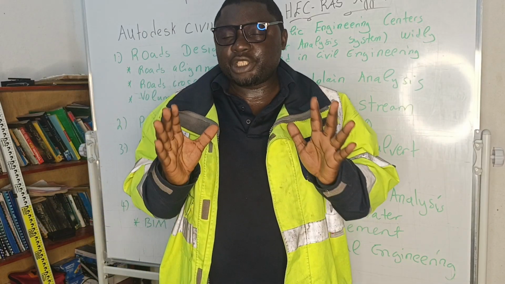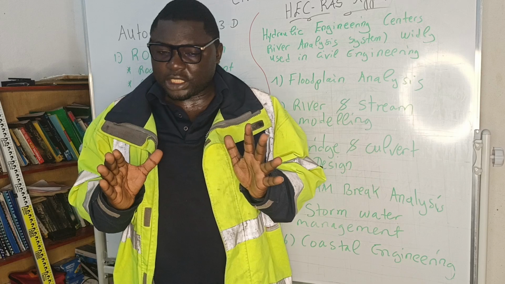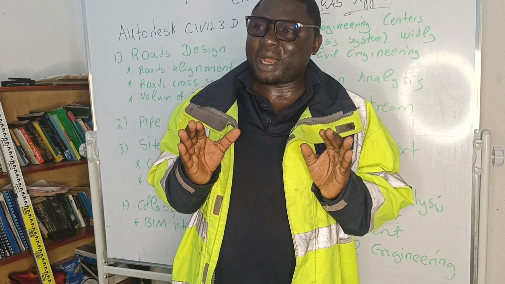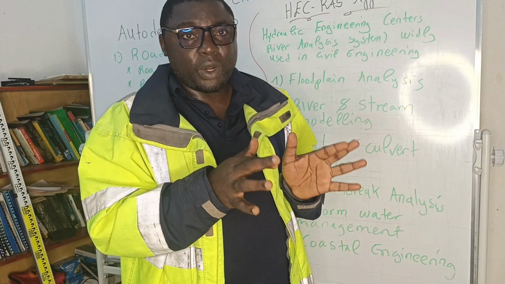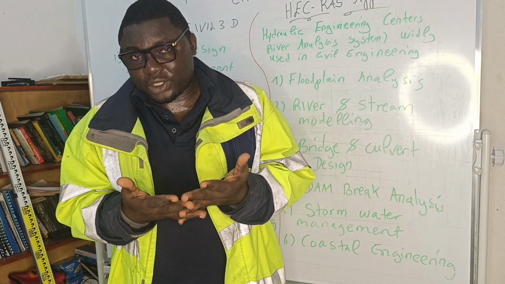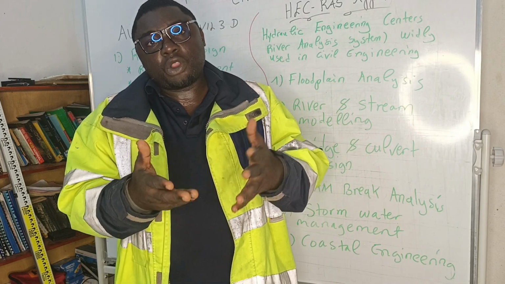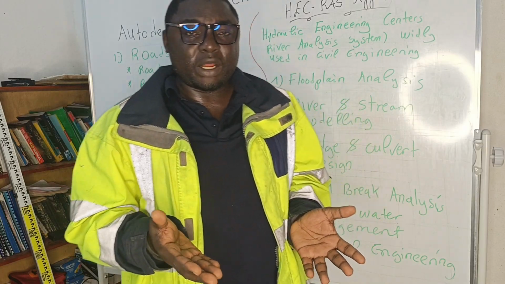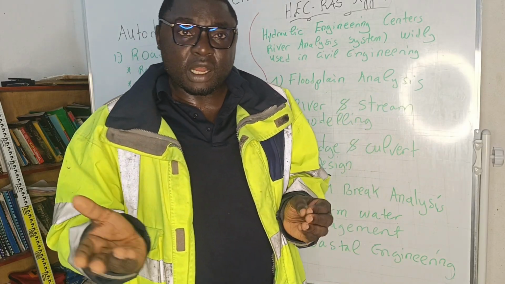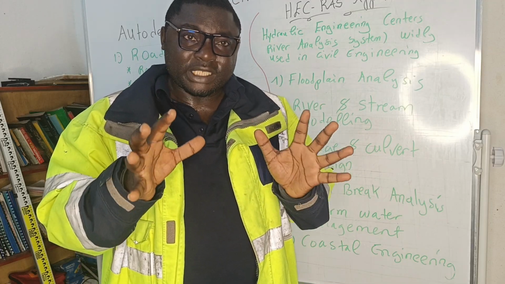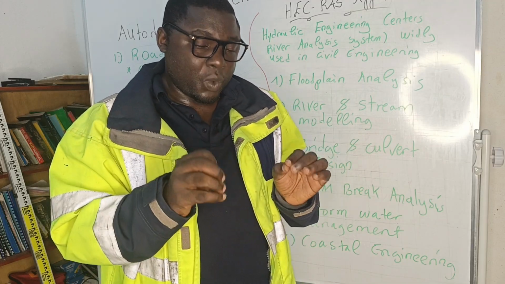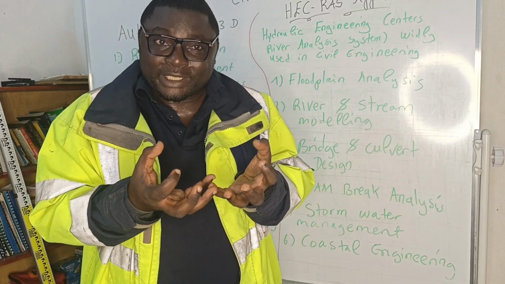So in engineering, as a civil engineer, as an urbanist, as a surveyor, you must master the notion of altimetry, and you must know where and when to use it. If you're working on a road project, every time there's a road project, there's a lot of cut and fill. And you as a surveyor, or you as a civil engineer, you as an urbanist, you are the one to go to the field to collect your altimetry data.